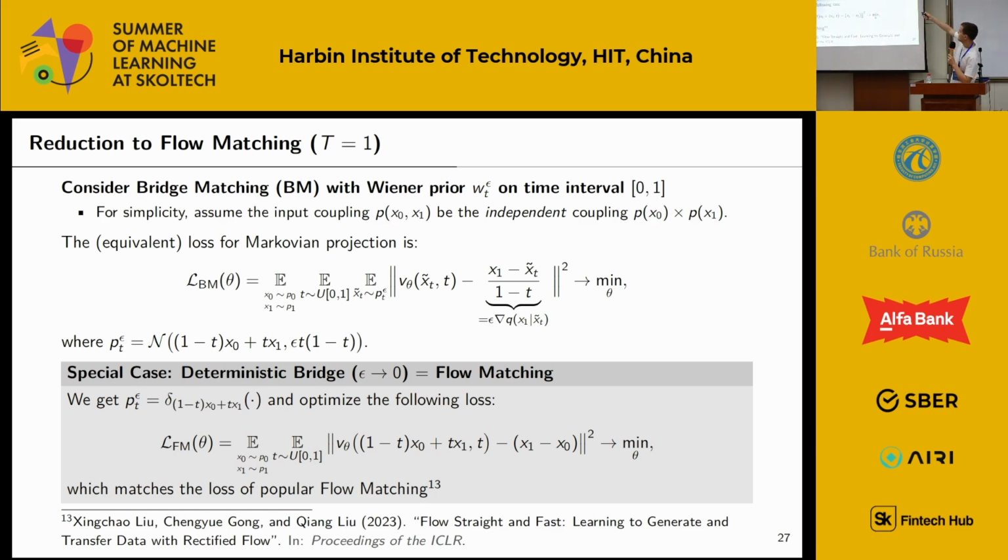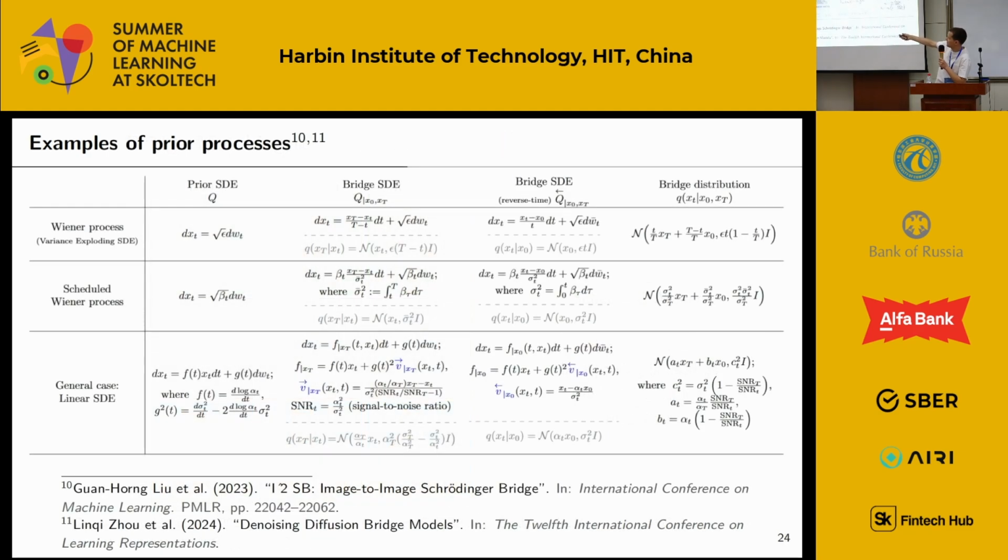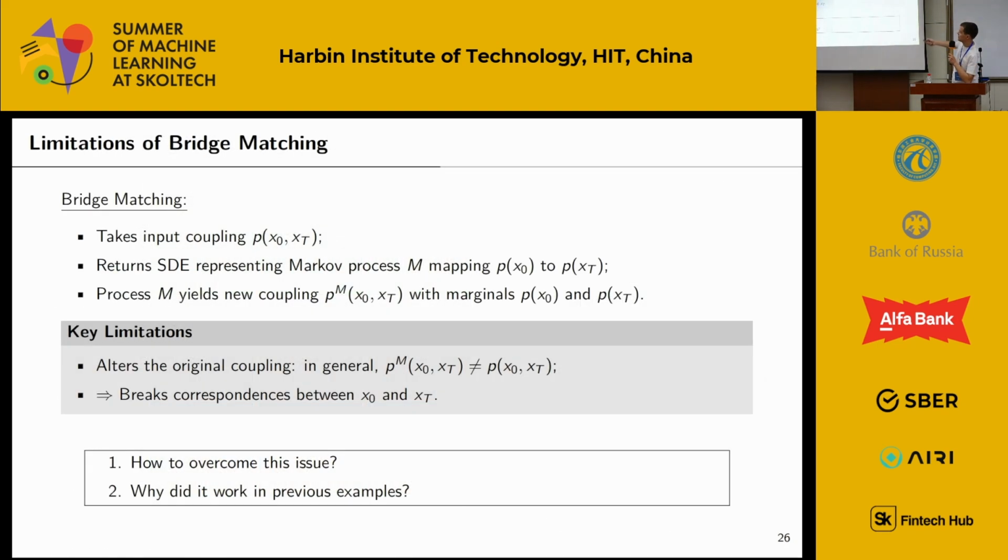Basically, it is described by this stochastic differential equation: dx_t equals the square root of epsilon multiplied by the differential of the standard Wiener process.